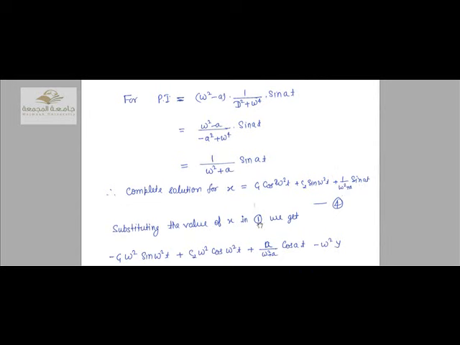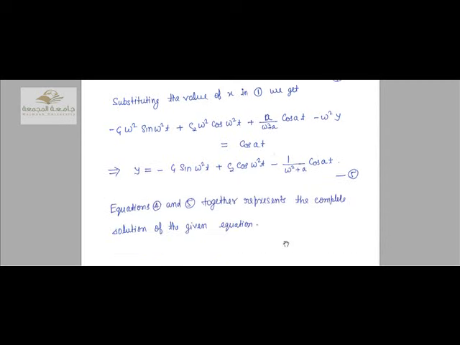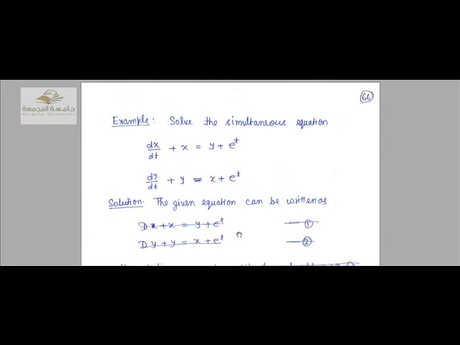Substituting the value of x in 1, we get −c1ω² sin(ω²t) + c2ω² cos(ω²t) + a/(ω² + a) cos(at) − ω²y = cos(at), which implies y = −c1 sin(ω²t) + c2 cos(ω²t) − 1/(ω² + a) cos(at), equation 5. Equations 4 and 5 together represent the complete solution of the given equations.